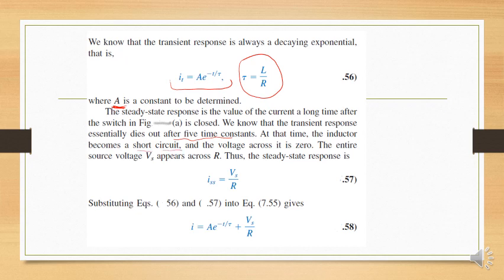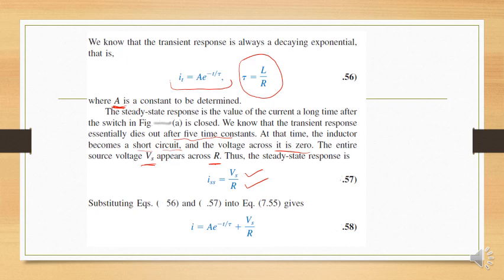What was the capacitor at this stage of time? It was an open circuit. Inductor is a short circuit and the voltage across it is 0. The entire source V of S appears across the resistor. Thus the steady state response would be V of S over R in this case.